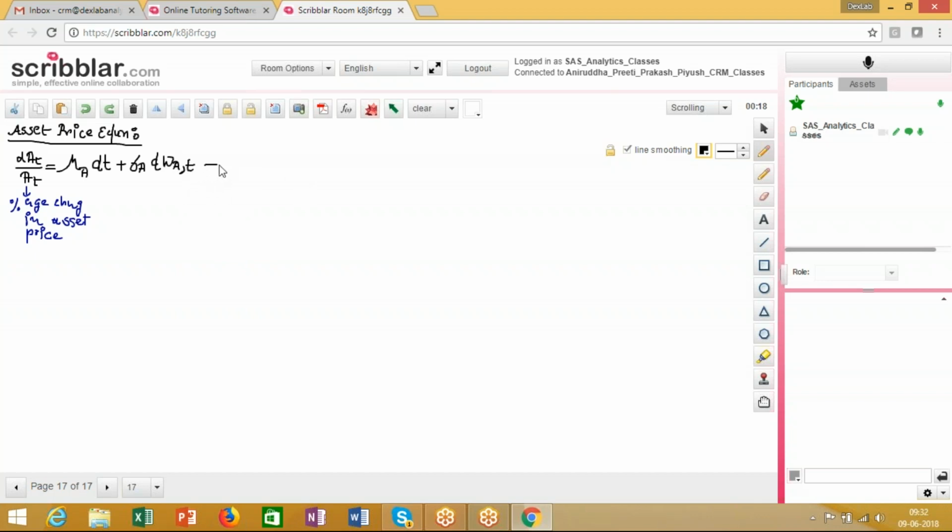Now this is a very interesting mathematical equation with a very simple intuitive explanation. Let's consider the asset price part.